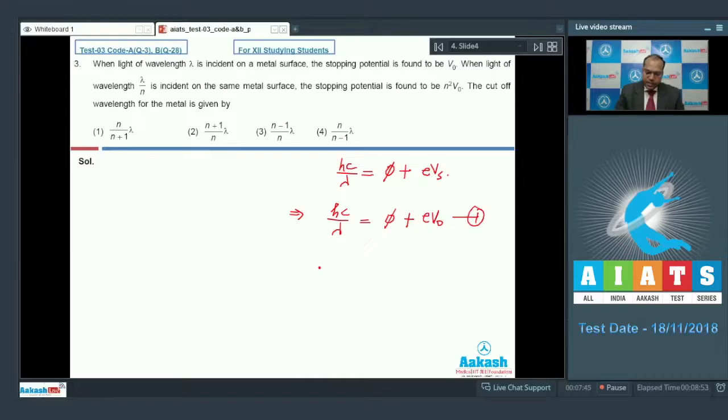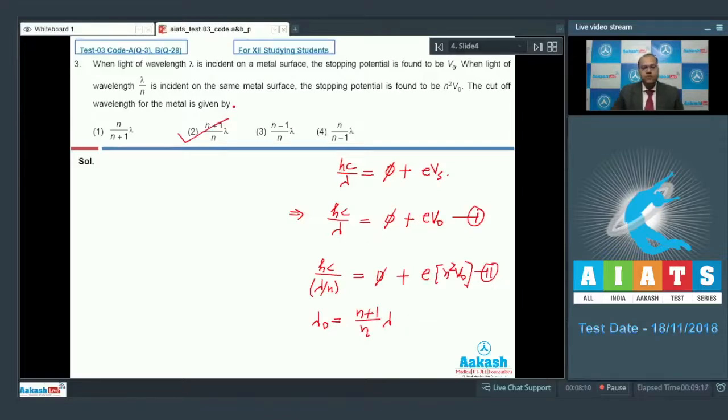In the second case, hc by lambda by n is equal to phi plus e times n square V naught. This is my second equation. If I solve equations 1 and 2 for lambda naught, then lambda naught comes out to be (n plus 1) divided by n into lambda. So option 2 is the correct answer.